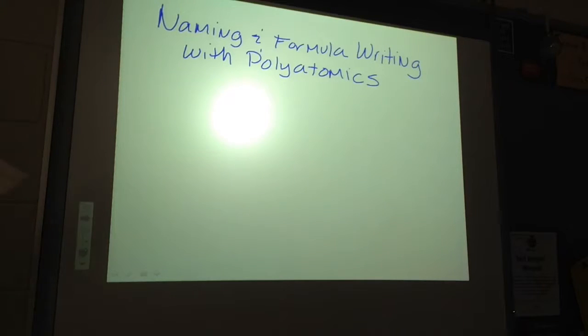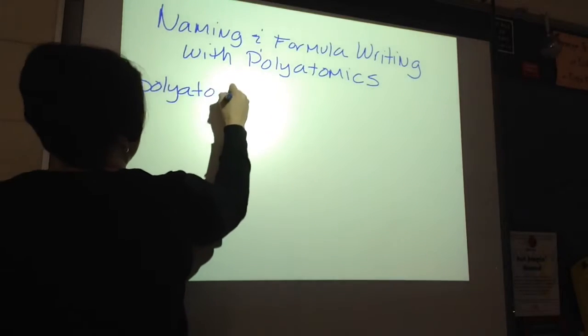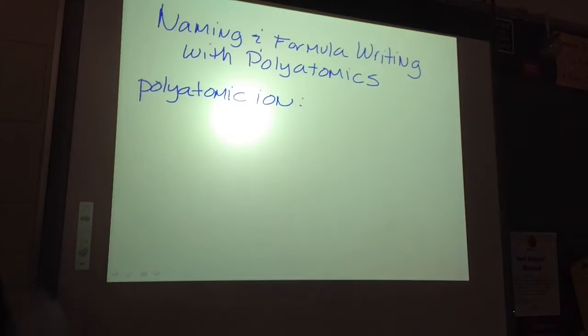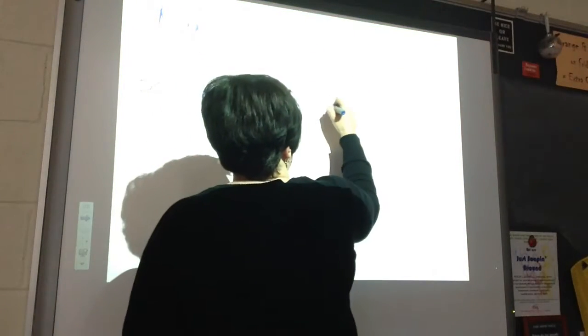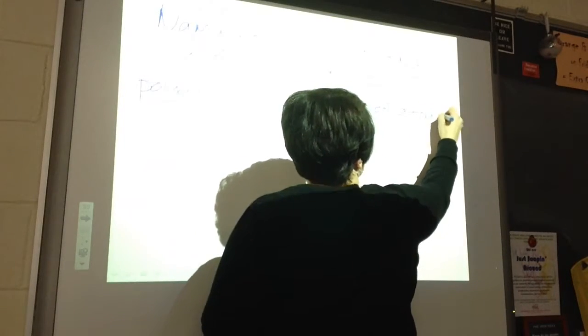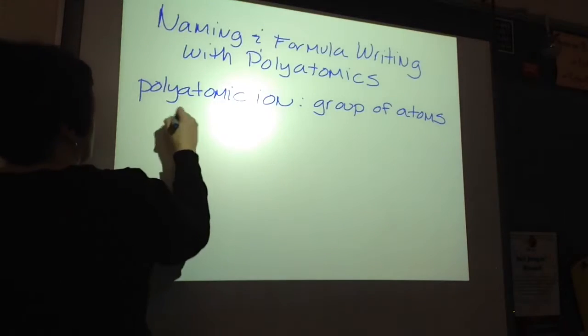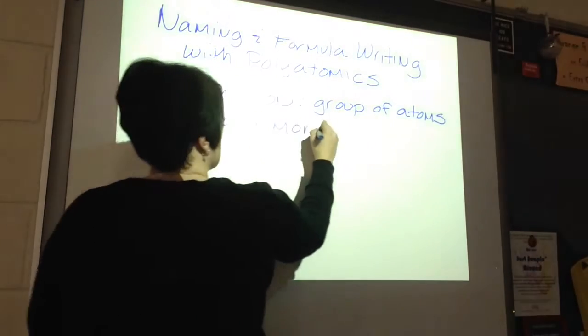Now, we've got to talk about what a polyatomic ion is. Remember on the smartboard, there's this part where it gets real super weird, so just bear with me if it starts to look like I'm losing it. So what is a polyatomic ion? It is a group of atoms of 2 or more elements.